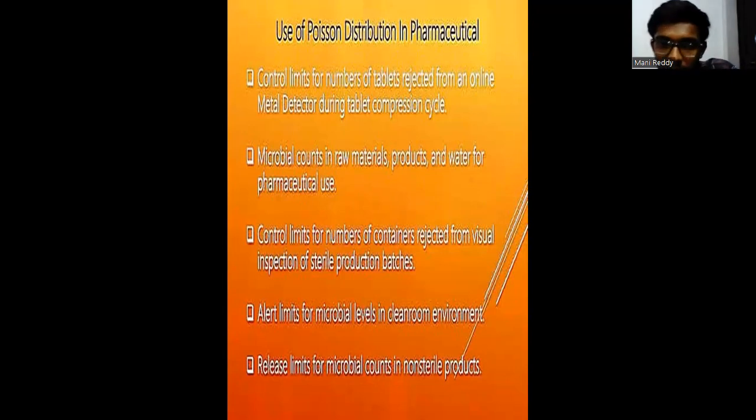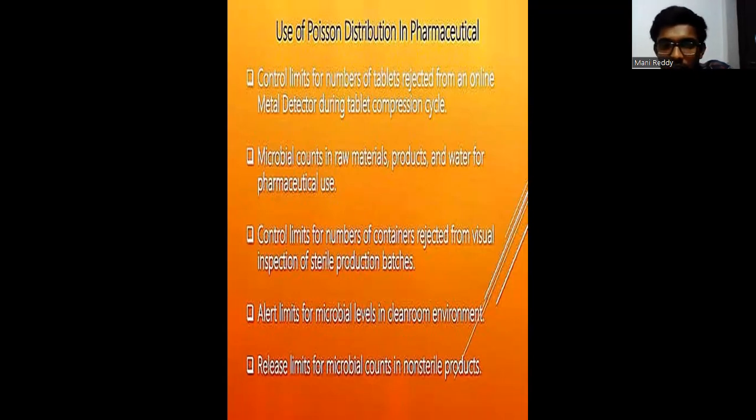Control limits of the number of tablets rejected from an online metal detector during the tablet compression cycle, microbial counts in raw materials, products, and water for paramedical use, control limits for the number of containers rejected from visual inspection of sterile production batches, alert limits for microbial levels in a clean room environment, release limits for microbial counts in non-sterile products.